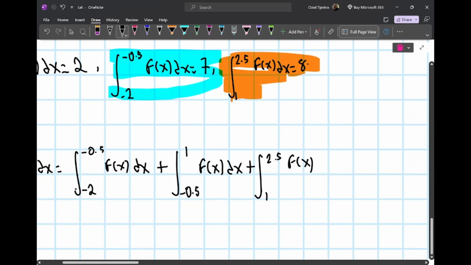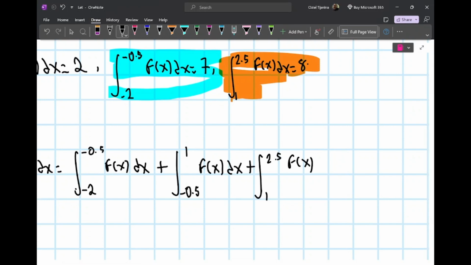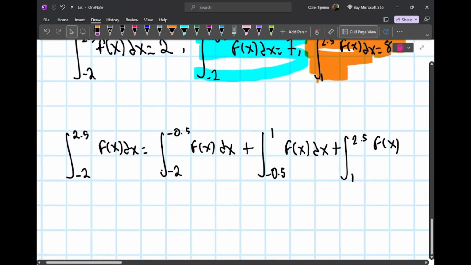So it is not as complicated as it may seem. You just have to really think about it. It does take some thinking, but once you figure this out, we can just go ahead and do some plugging in.